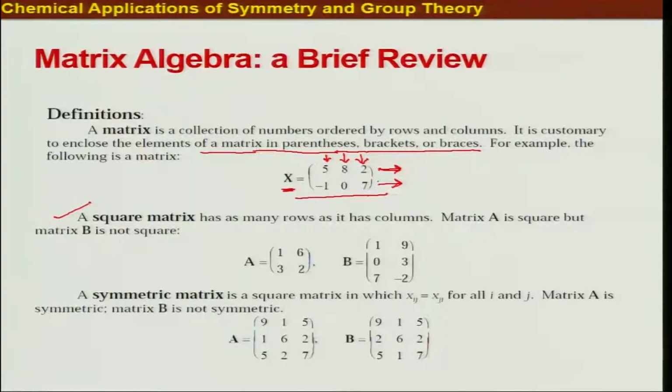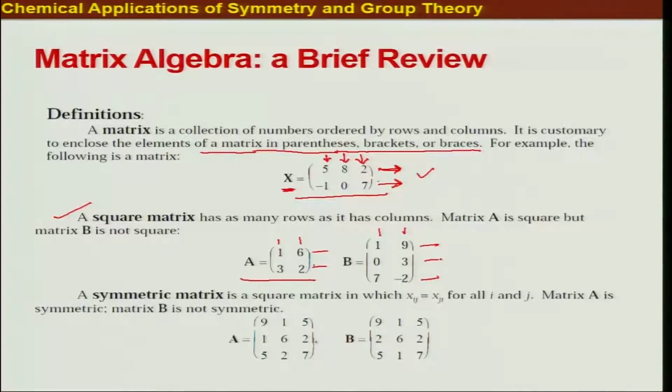An example of a square matrix is given here. A is a square matrix because it has two columns and two rows, so the number of columns and rows are equal. While if I look at the matrix B here, it has two columns but three rows, similar to the example shown on the top.